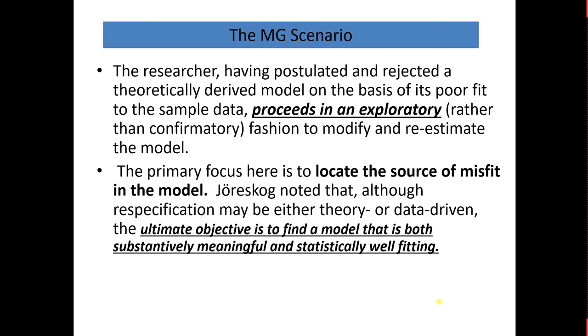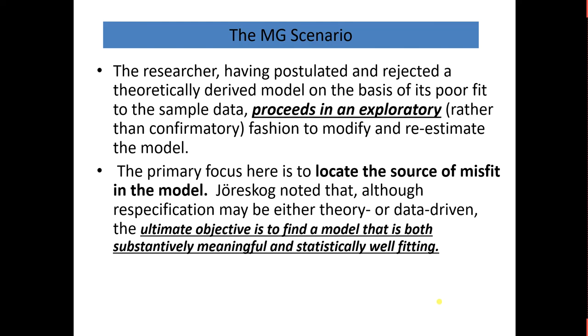So when we find that the model is not fitting with the sample data, then we try to modify the model. We may remove some of the paths or some of the variables even. We may model correlated errors. We can do a lot of modifications.